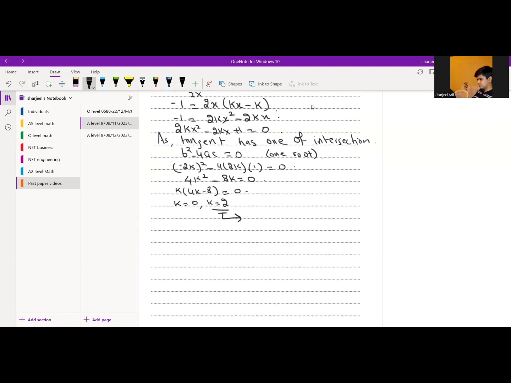So now substitute this value in the equation of the tangent. You will get y equals 2x minus 2. So now we have to find the coordinates of x and y.